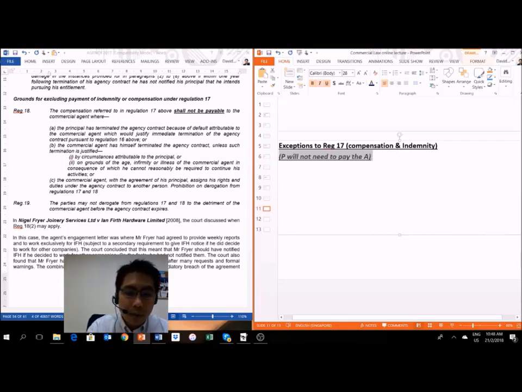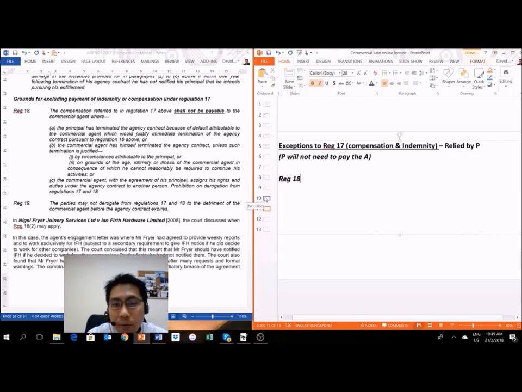Now if I ask you, between these two sections, which is the section that will be relied on by P and which is the regulation relied on by A? Clearly, Regulation 18 is to be relied on by P, because P will not need to compensate if Regulation 18 applies. What Regulation 18 is, shortly afterwards.